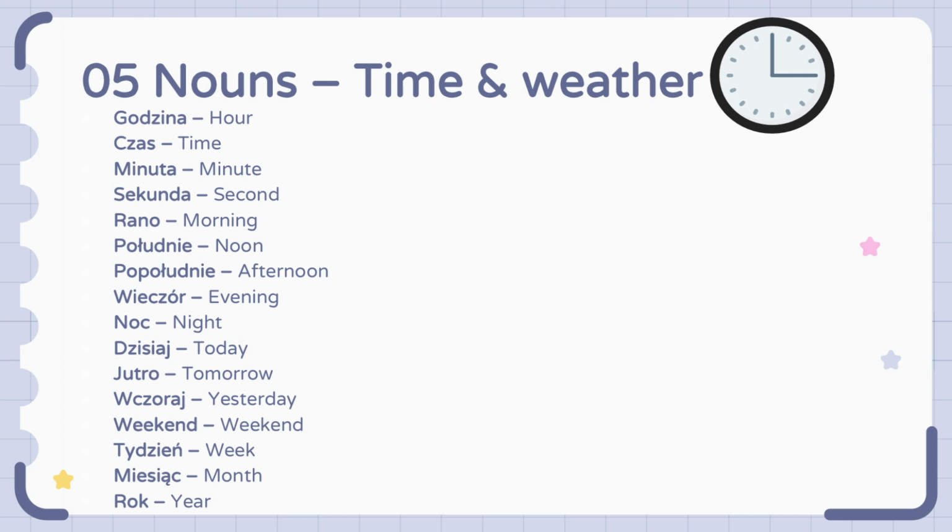Another list: nouns, time and weather. Godzina, hour, or time. When we refer to time, we do say godzina, minuta, minute, or we can also say czas. For example, what time it is, we say która godzina, so what hour it is. That's what I said, time, but direct translation of time would be czas.